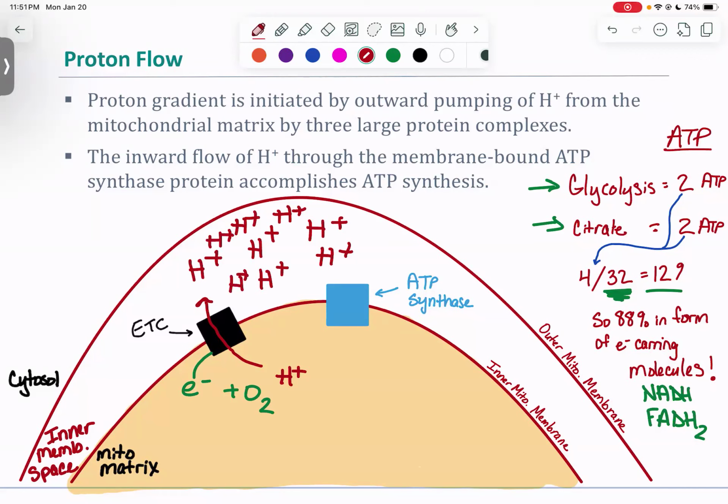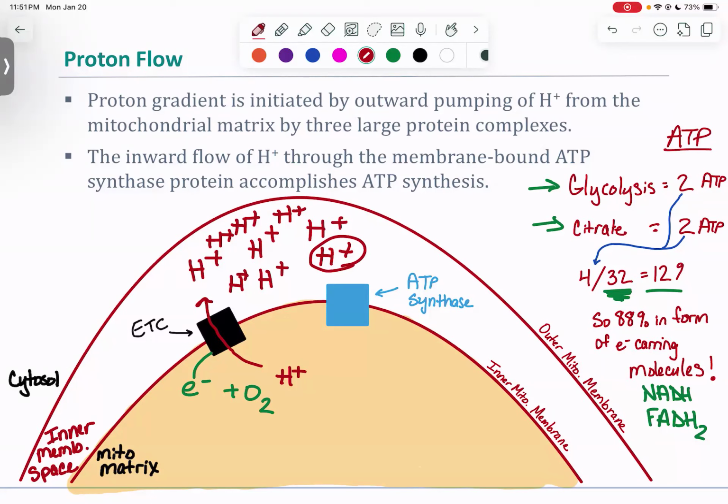So we have a higher concentration of protons in the inner membrane space and a lower concentration in the mitochondrial matrix. We're establishing that proton gradient. This is our source of electrochemical energy. Once there's a higher concentration in the inner membrane space, the protons are going to flow down their concentration gradient.